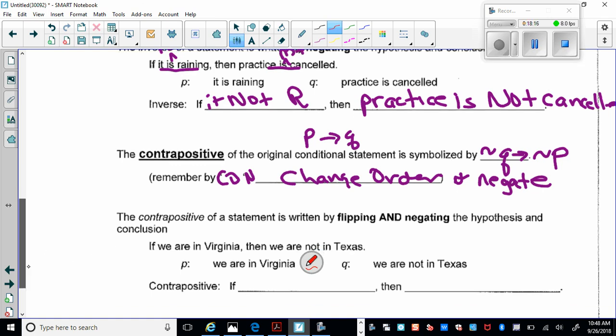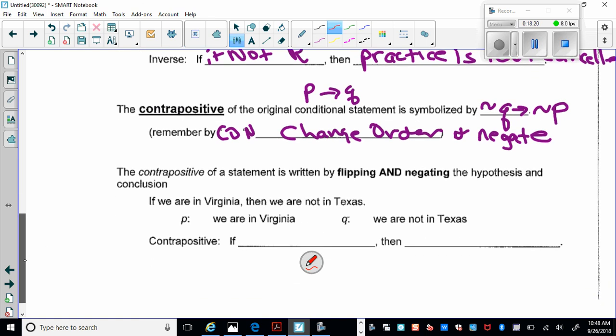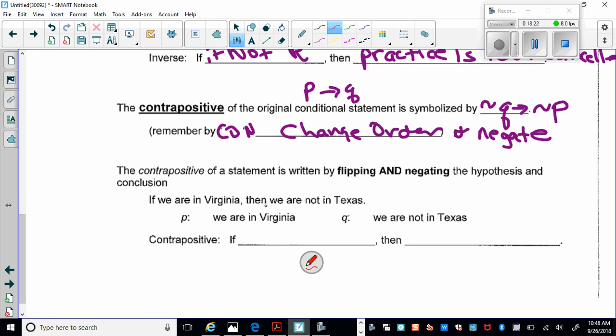I don't want to pass 20 minutes, so I'm going to try to finish this very quickly. In this case it says, if we are in Virginia, then we are not in Texas. So I have to negate: if we are not in Virginia, then we are. So I have to delete the not part. And then I put the Q on this side and the P on this side.